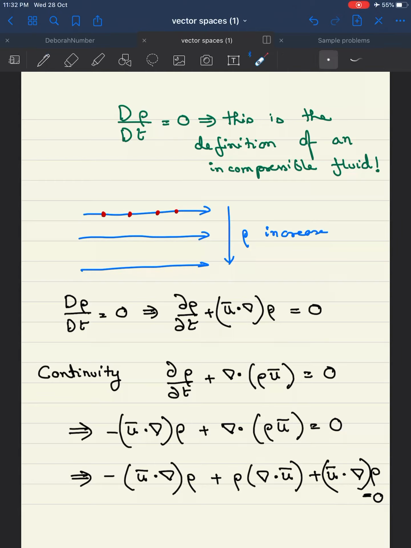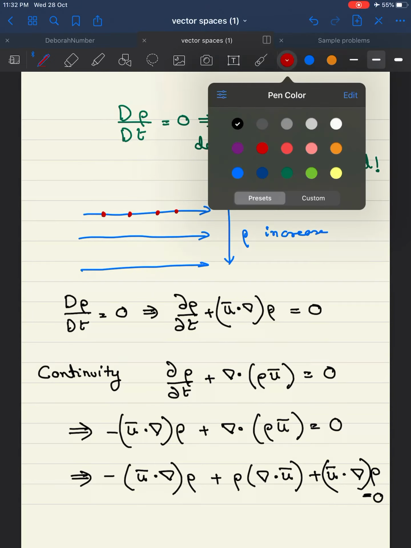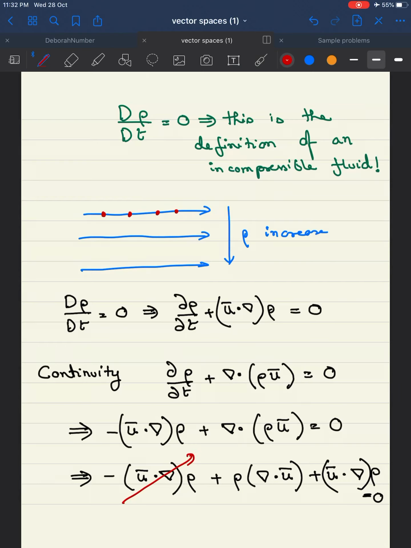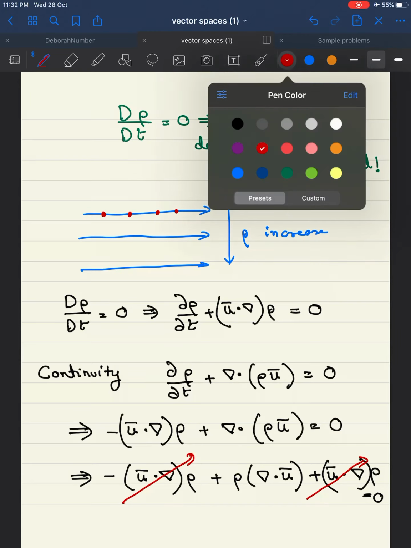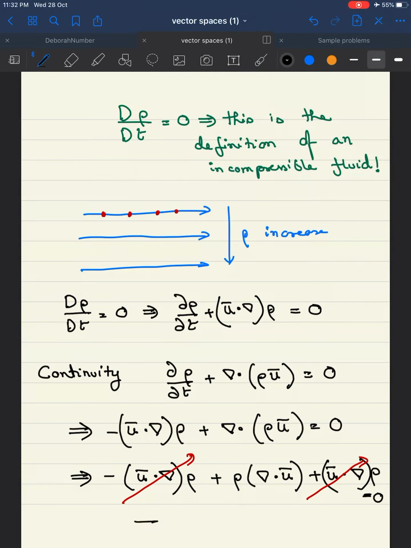Now you can see, wait a second, you can see that these two terms are going to cancel, right? So you are going to end up getting this is equal to 0.